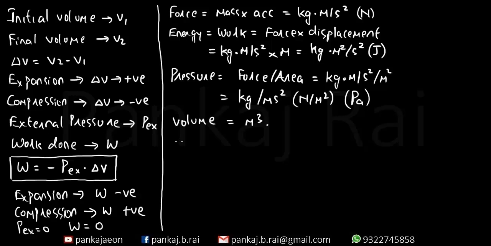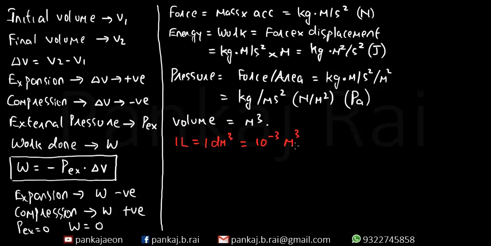So let us start. Now there's a different thing which we are doing here. Let's say we have 1 liter. You must know that 1 liter is the same as 1 decimeter cube, or 1 dm cube, and 1 dm cube is actually 10 raised to minus 3 meter cube. You should be aware of this.